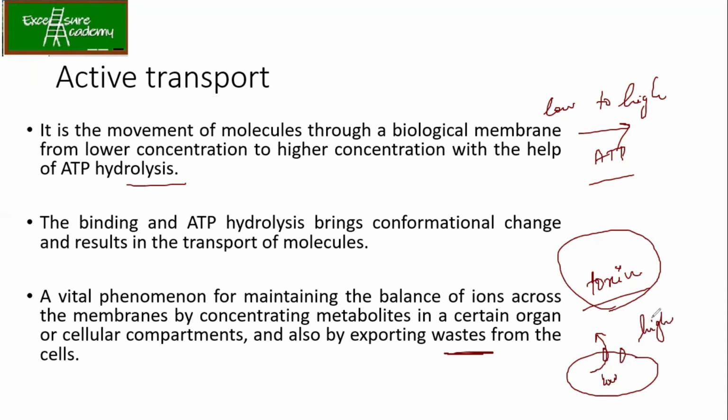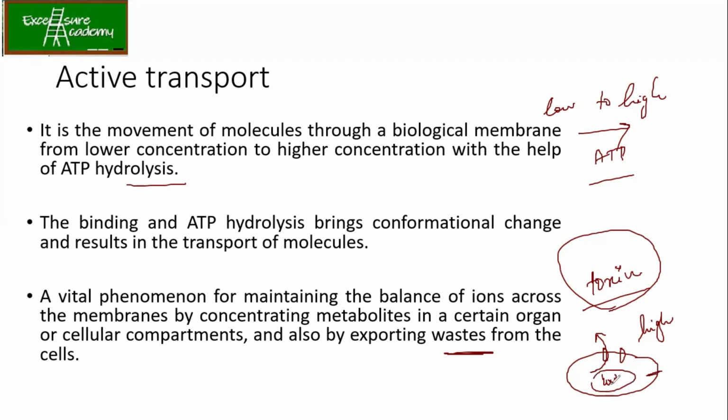If any toxin is present, obviously outside it will be high and inside it will be low because of its property. Maybe it is soluble in lipid and has gone inside, but it is toxic to the cell and the cell understands. We don't want this toxin to be present inside the cell, which is in low concentration but might result in the death of this particular cell.